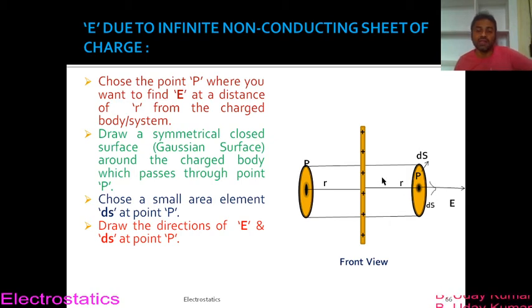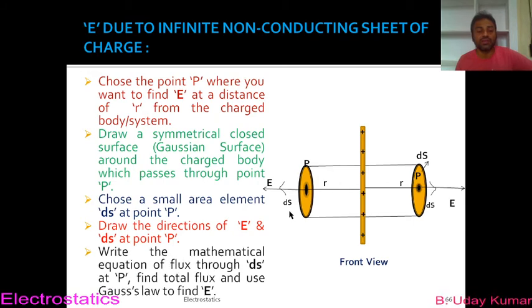Similarly, on the left side, the same point P is present, and there too the electric field and the ds vectors will be directed outwards. Okay, I hope it is clear.